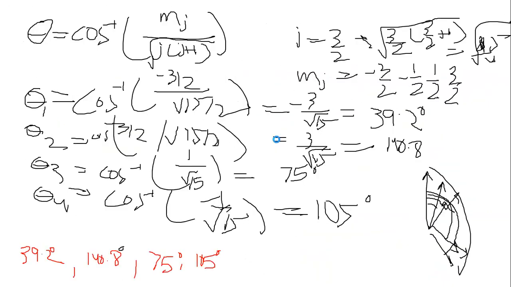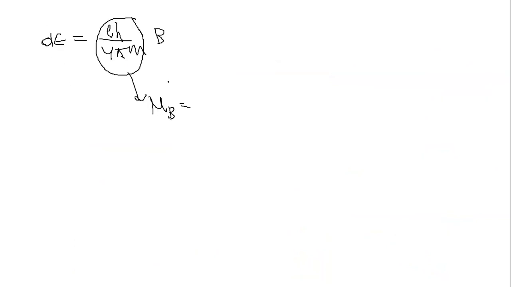But in this relation, what will be the unit of the Bohr magneton? If E is in electron volt and B is in Tesla, then the Bohr magneton will be electron volt per Tesla.